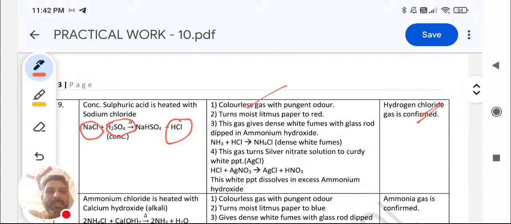And the chemical test for HCl gas: when you take a glass rod dipped in ammonium hydroxide and bring it near HCl, it gives dense white fumes, which is nothing but ammonium chloride vapors. And when HCl gas is passed into silver nitrate solution, it gives a white precipitate of AgCl, silver chloride, which is soluble in excess ammonium hydroxide.